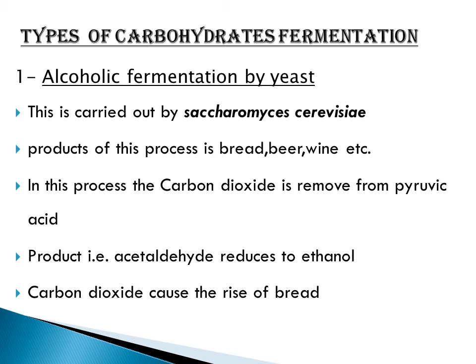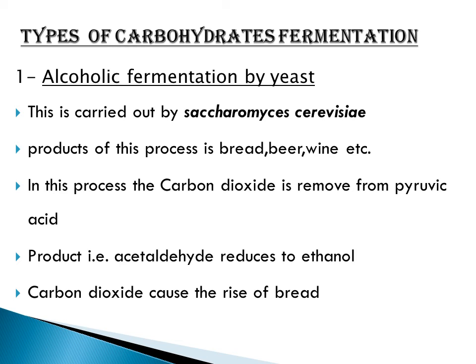The alcohol formed is ethanol, which is a 2-carbon molecule, but we know that pyruvic acid is 3-carbon, so it means 1 carbon is released during the conversion of pyruvic acid into ethanol. The carbon released is carbon dioxide, which is used for the rise of bread.